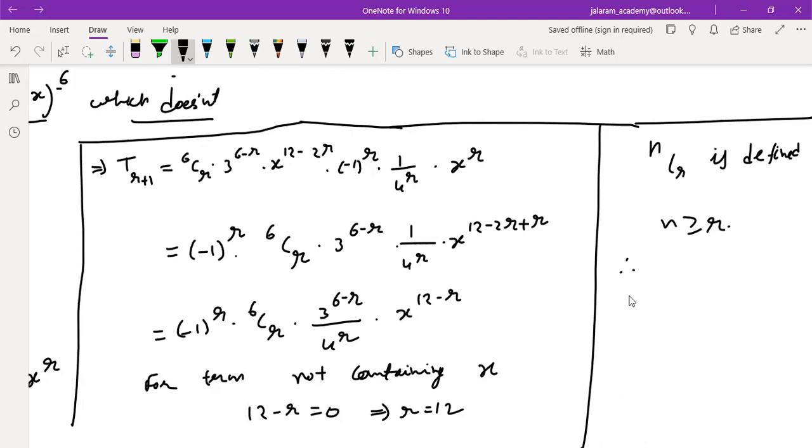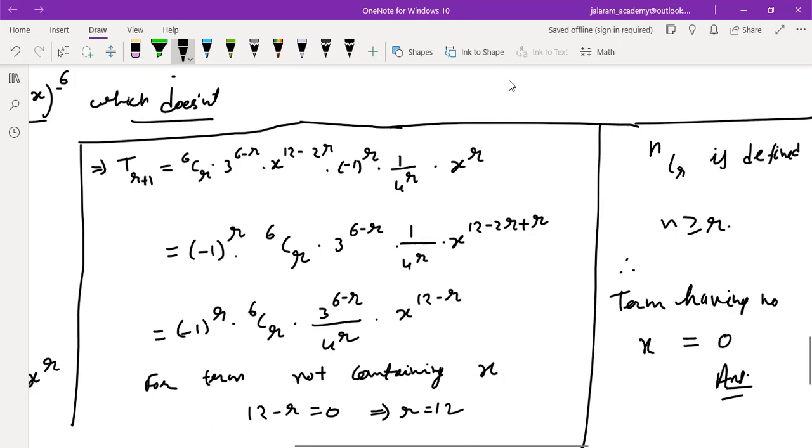So the term independent of x has the coefficient 0 only. That is, there is no term.